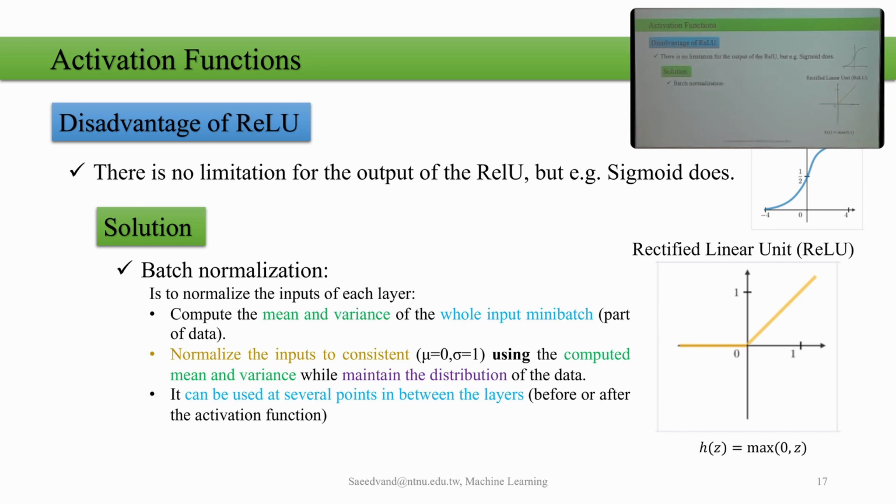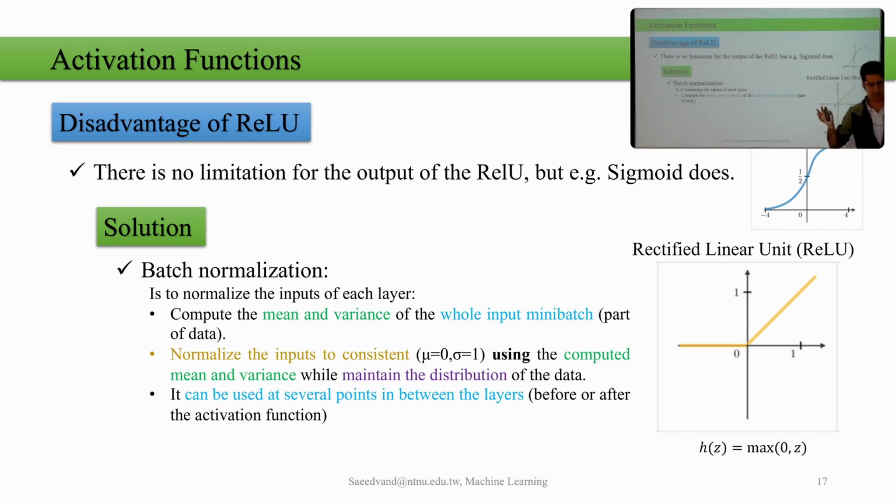You are familiar with batch size. We discussed it already. Now you should connect that to here a little bit. In batch normalization, we normalize the inputs of each layer. To do this, we compute the mean and variance of the whole input as a mini batch. We call it a mini batch because it's part of the data.